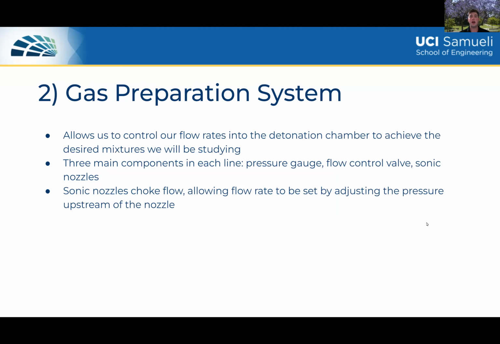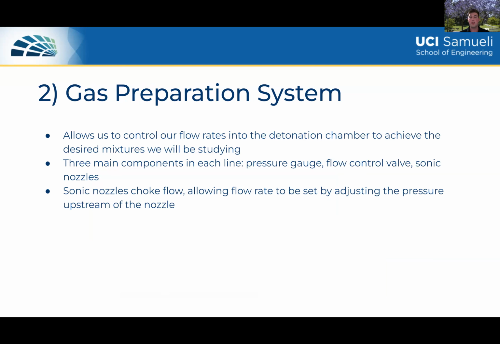In order to make sure that we have the right mass flow rates of gases, and thus the right mixture that we're going to be detonating and measuring, we have to set our flow rates. So we have this gas preparation system, which I designed and built myself. It uses a pressure gauge, a flow control valve, and a sonic nozzle to allow us to set our flow rates.